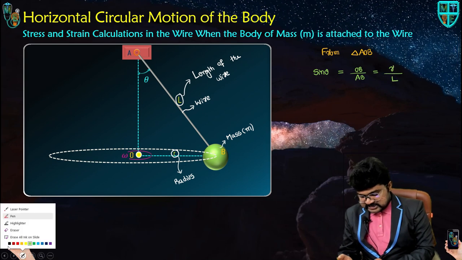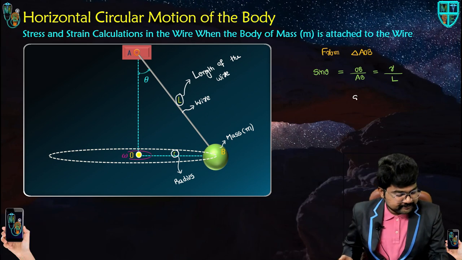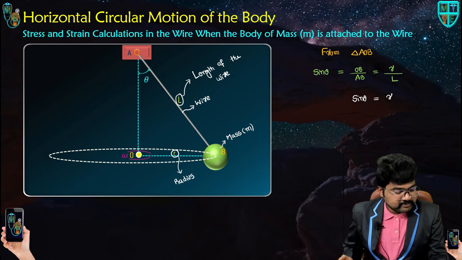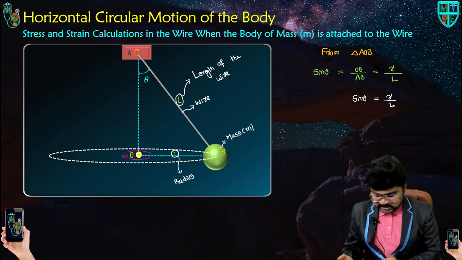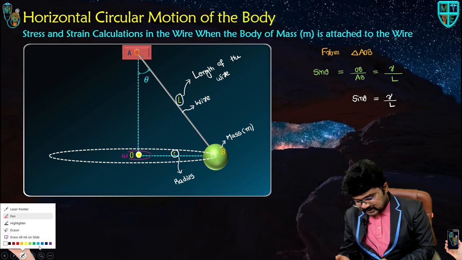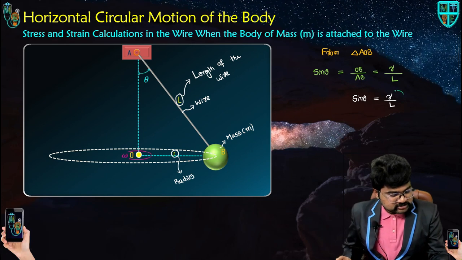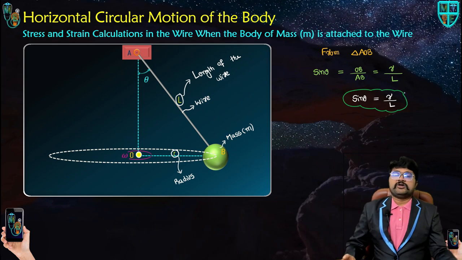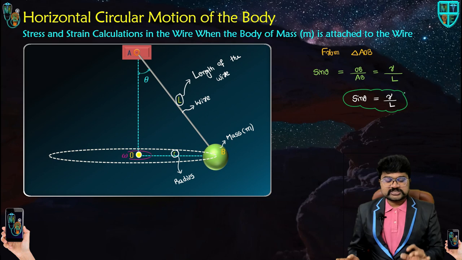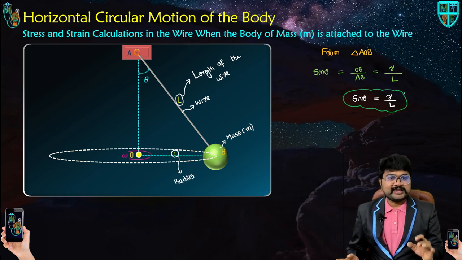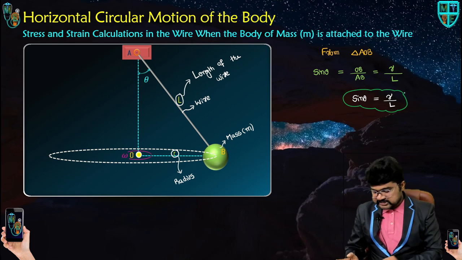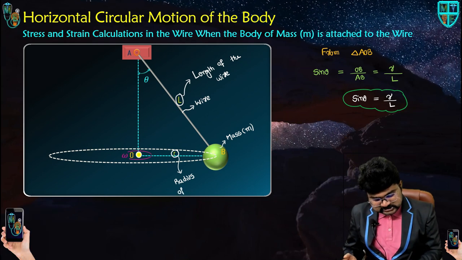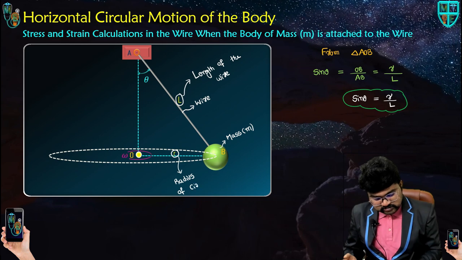So sine theta equals R by L. Understood? You will be using this result while applying equilibrium equations. Mass of the body is m, length of the wire is L, and R is the radius of circular motion.